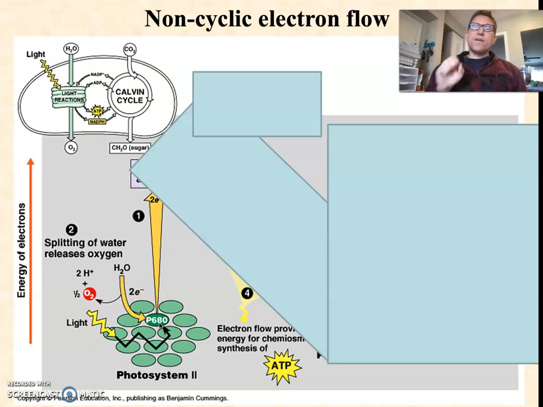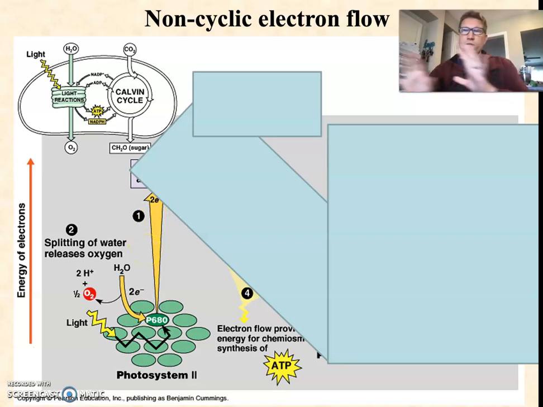P680 takes the energy, and instead of handing the energy off to another pigment, it takes a pair of its own electrons that are dedicated for this purpose, and it kicks them into a very high energy state. And that's what this yellow arrow here is representing. So a pair of electrons from P680 gets shot into a very high energy state from that photon of light.